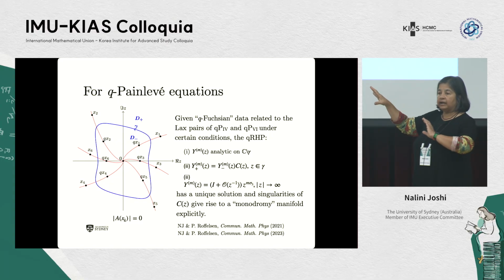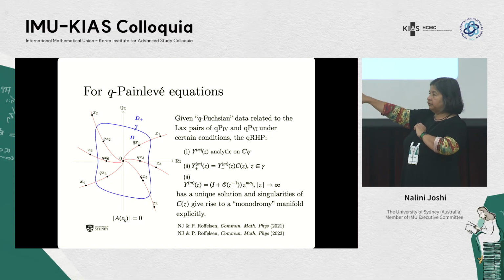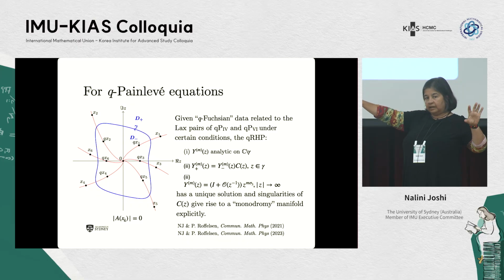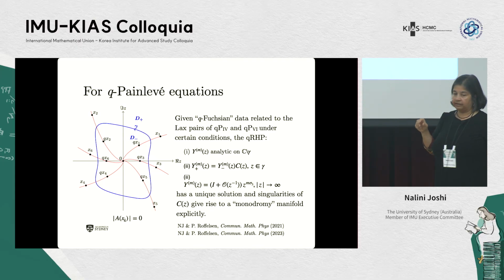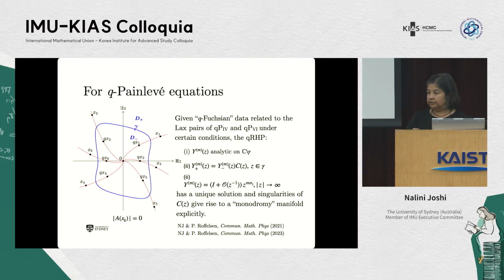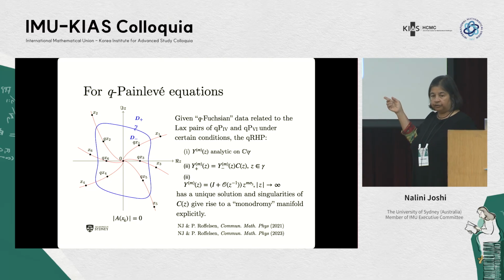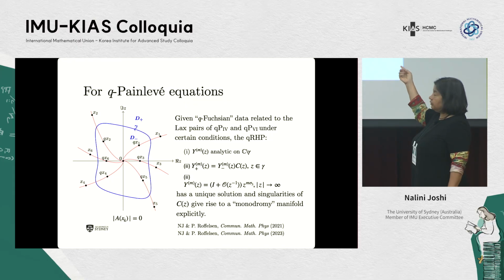So the counterpart to the continuous differential setting is another expression which corresponds to monodromy in a difference equation setting. And this is what it looks like for that case. This is the monodromy surface. It's also cubic.